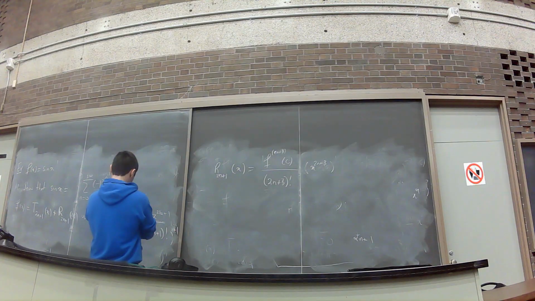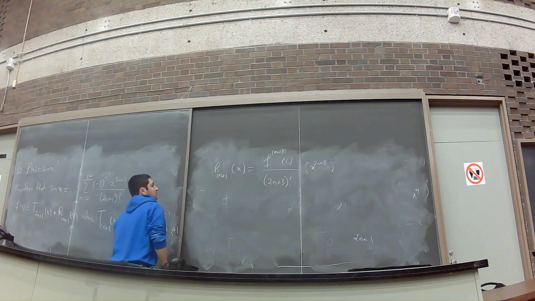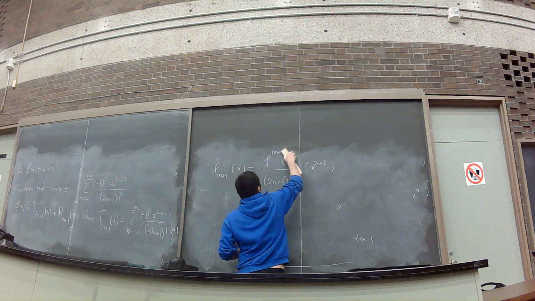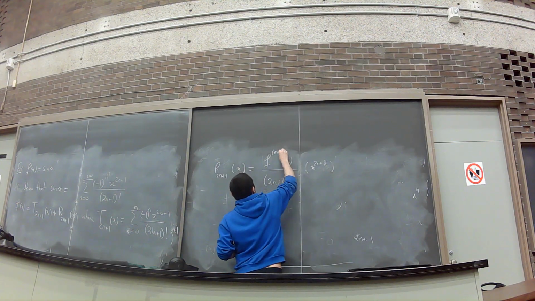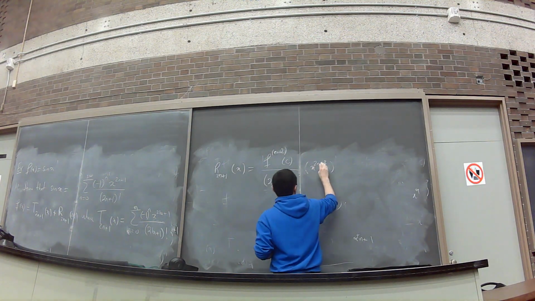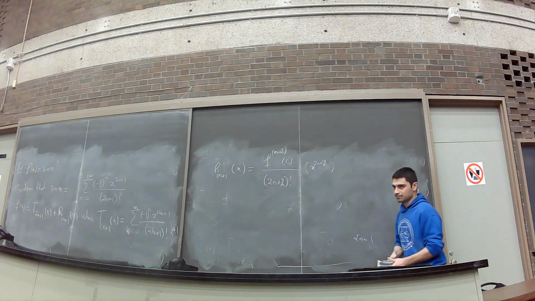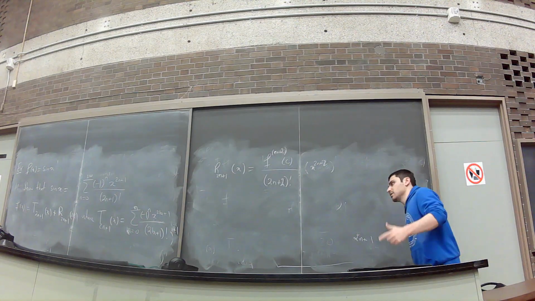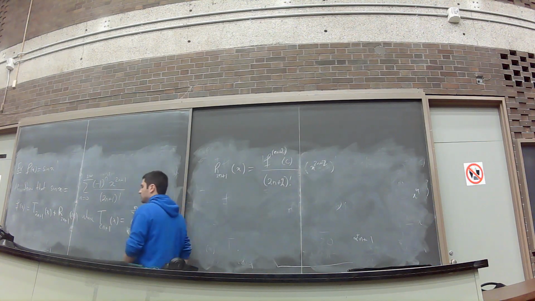So you stop at 2n plus 1, so that's 7. I think it's 2n plus 2. It's one degree more than the last derivative.